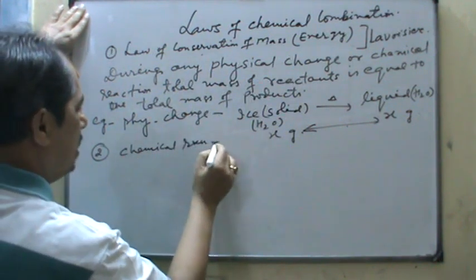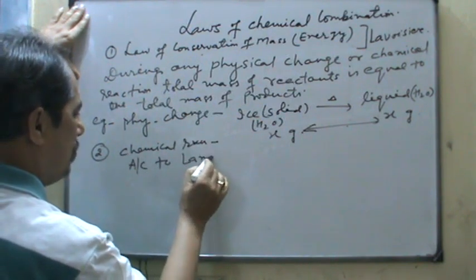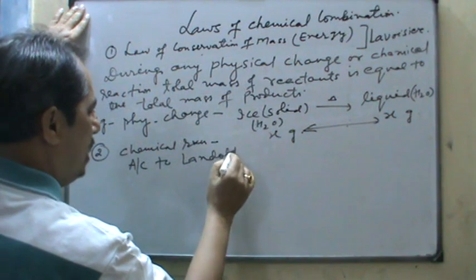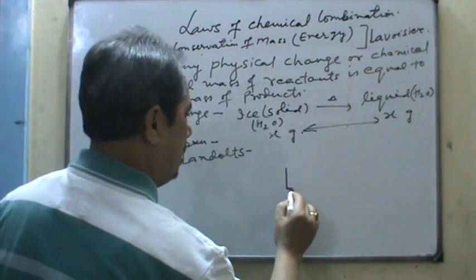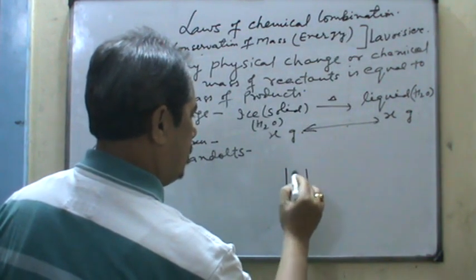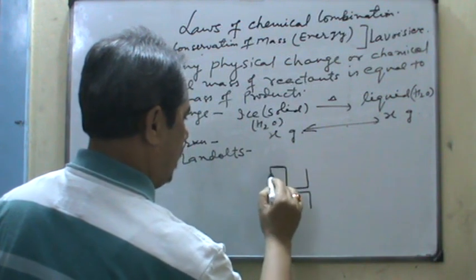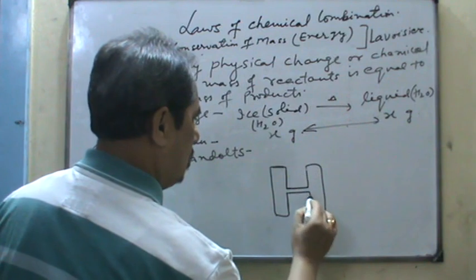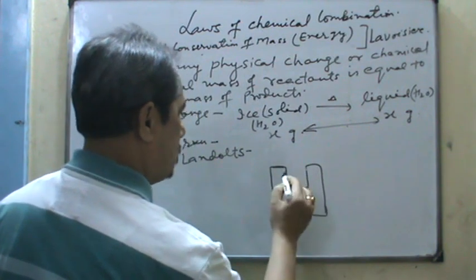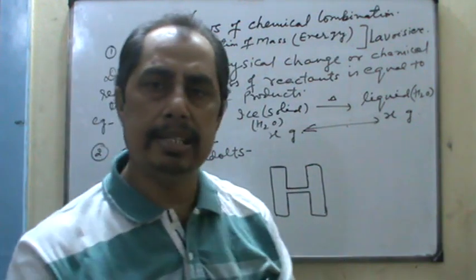In case of a chemical reaction, according to Landolt, a scientist who performed an experiment, he prepared Landolt's apparatus. It is a very simple apparatus like this, and this is called Landolt's tube.